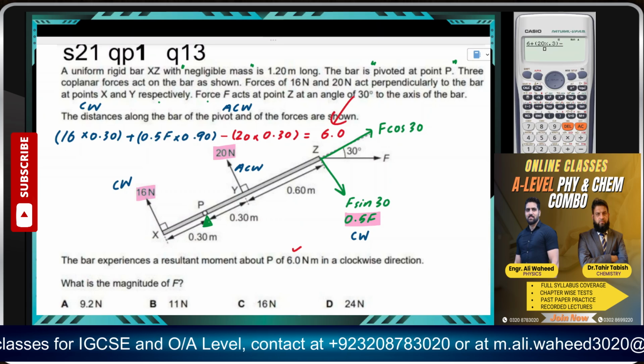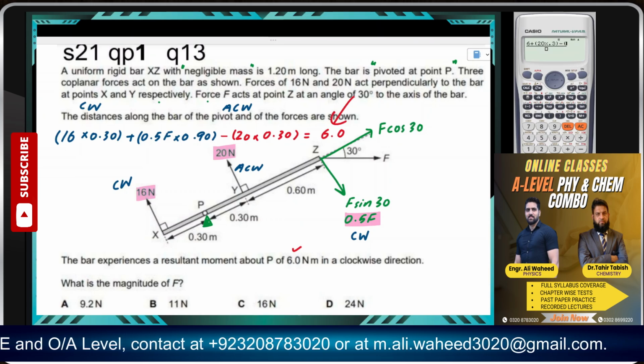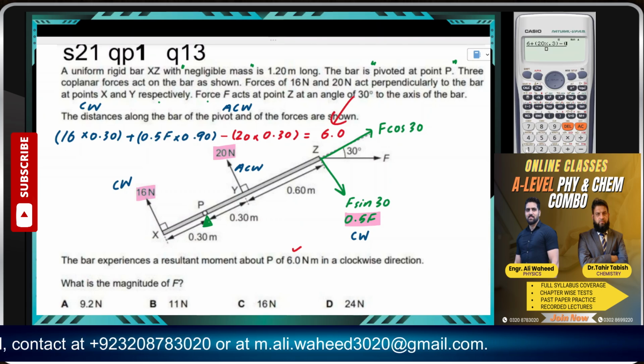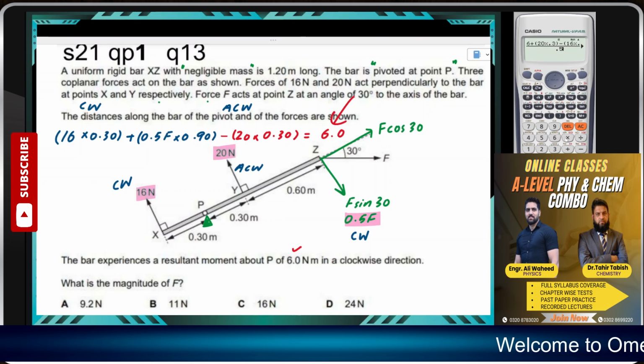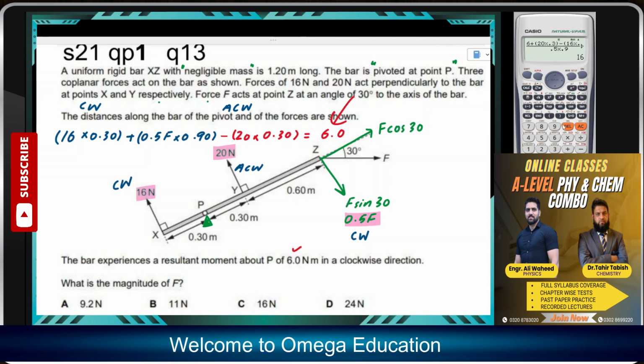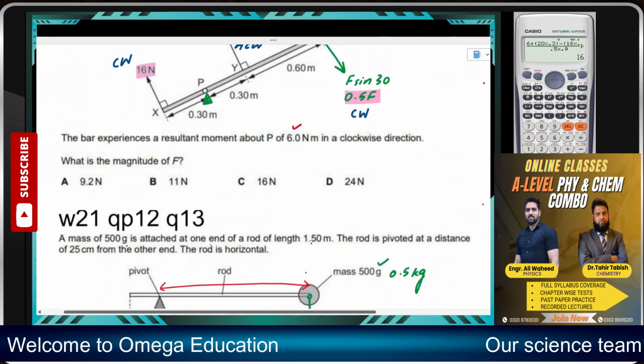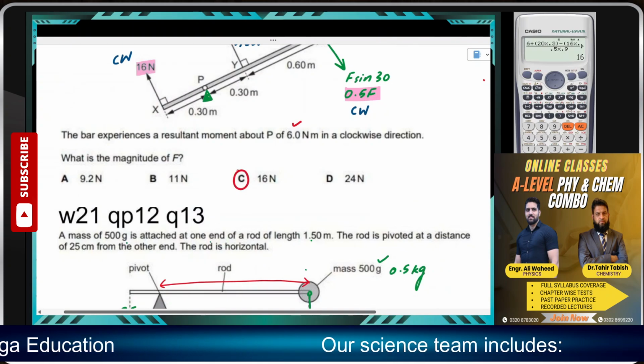And then minus, the very first thing would also be subtracted: 16 times 0.30. Brackets closed. Divided by 0.5 times 0.9. We get 16, which is option C.